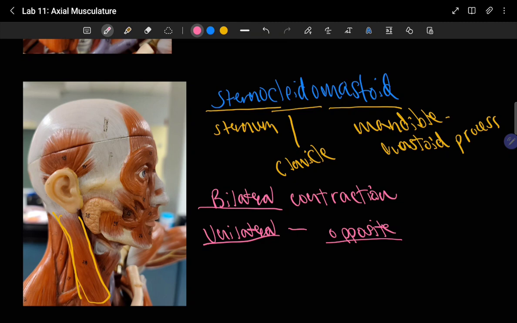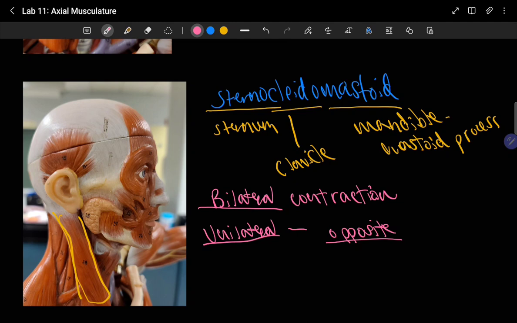That's going to be that unilateral contraction in the opposite direction from the flexing muscle. So we've talked a lot about actions, which might give you a hint that it might be a good idea to know sternocleidomastoid actions for the lab exam. Maybe a hint for a question to identify this muscle.